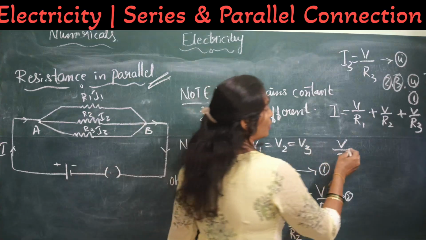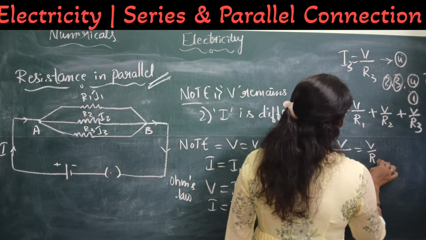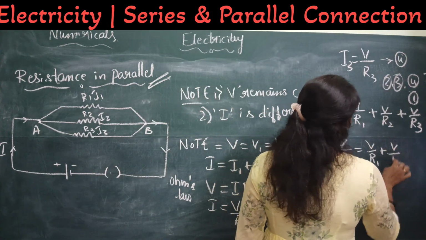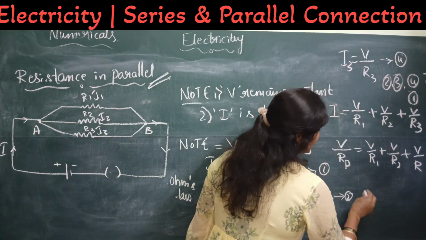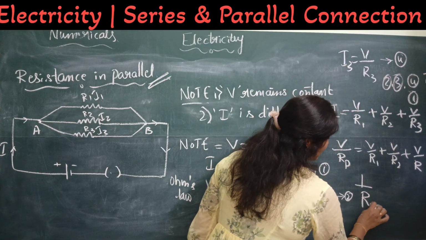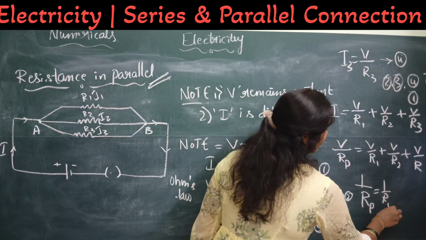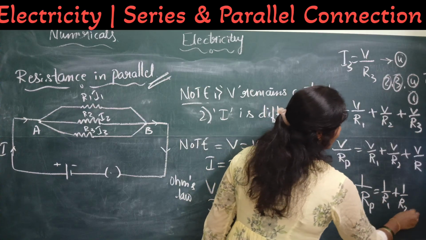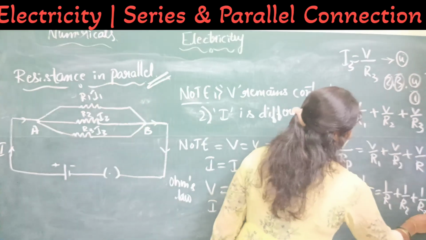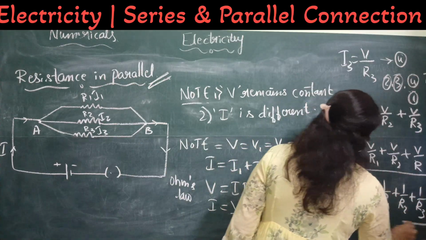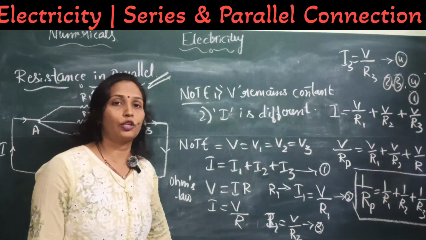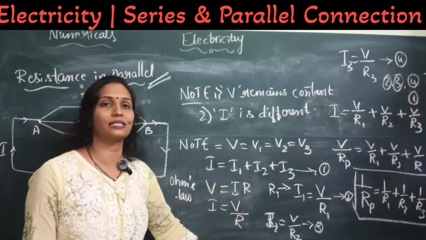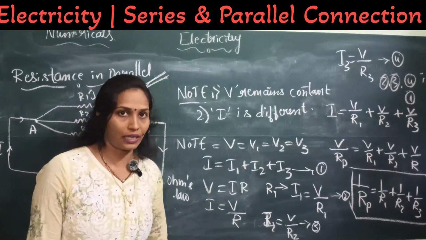That is equal to V by R1 plus V by R2 plus V by R3. V will get cancelled. So 1 by Rp is equal to 1 by R1 plus 1 by R2 plus 1 by R3. This is very important. So the reciprocal of the resistances gives the total resistance in a parallel connection.